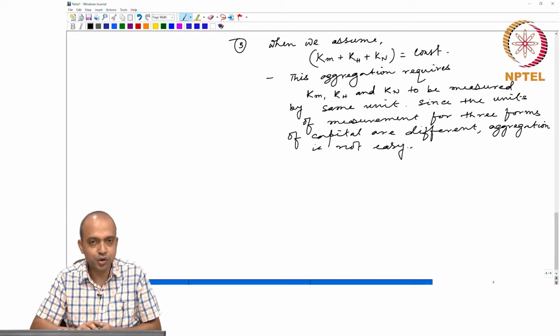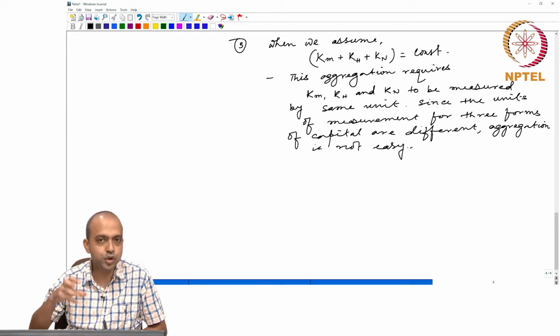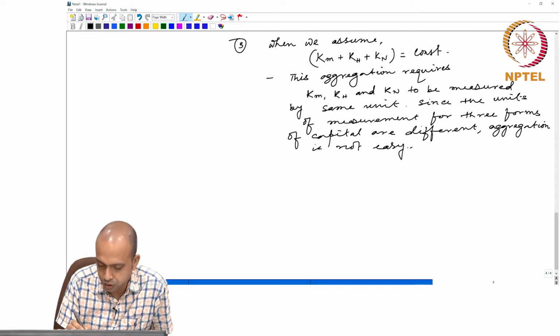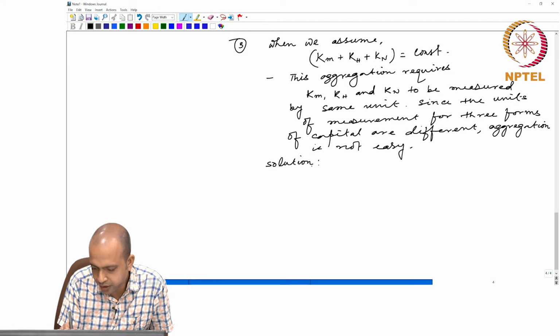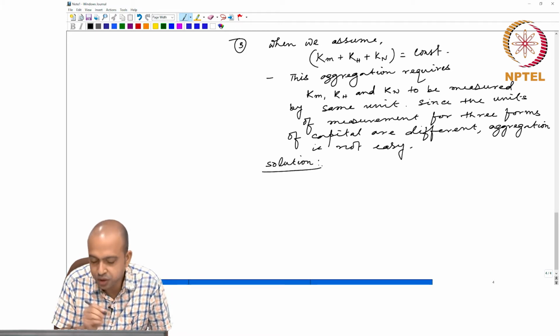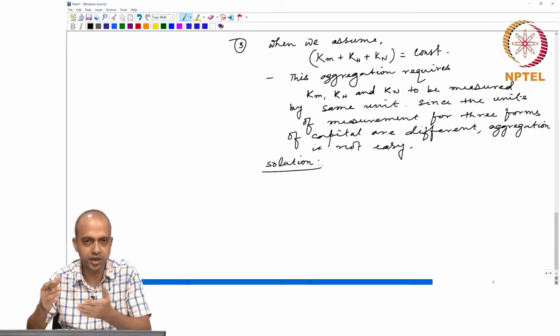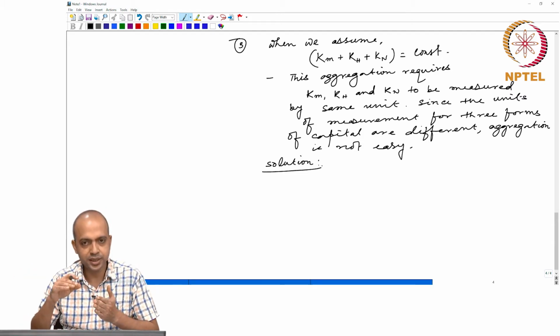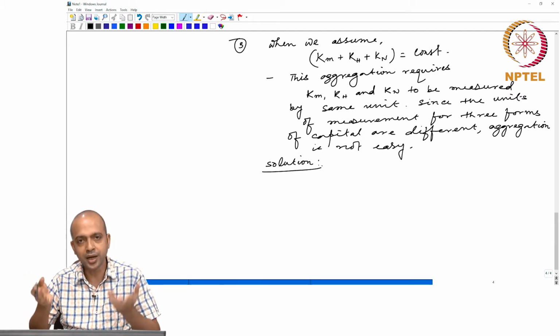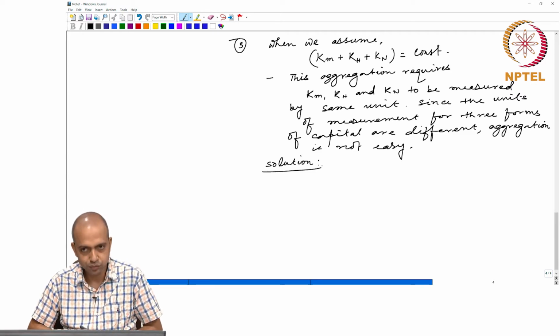Some economists say, how do you solve the aggregation problem? The solution is, when different forms of capital are measured in different units, we need to arrive at their monetary value. Okay?